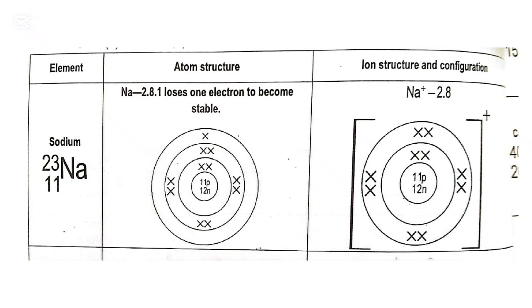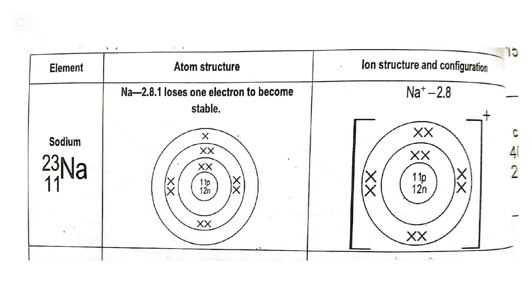So what happens to sodium? It has 1 electron in the outermost energy level, so it can either lose that 1 electron or gain 7. It requires less energy to lose 1 electron than to gain 7. Therefore, it will lose the outermost electron and have a stable configuration of 2, 8 with a positive charge.